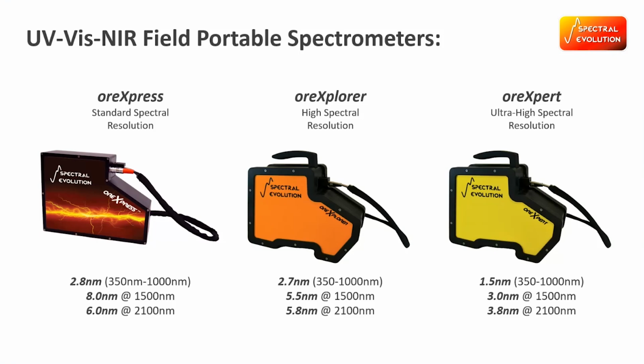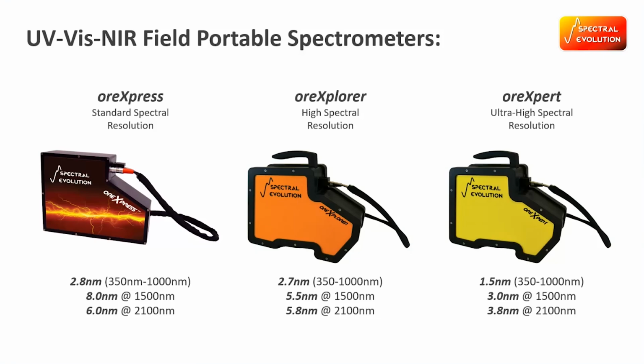And here you can see it's 2.8 nanometer resolution from 350 to 1000 nanometers, 8 nanometer resolution at 1500, and 6 at 2100. So for many different mineral applications, that will suffice for identification, but it does open the door to some ambiguities between some minerals that are very similar.